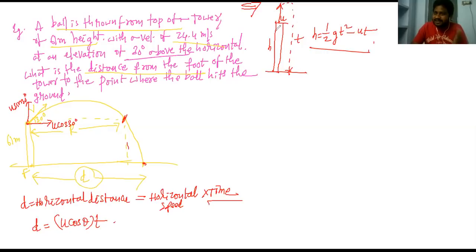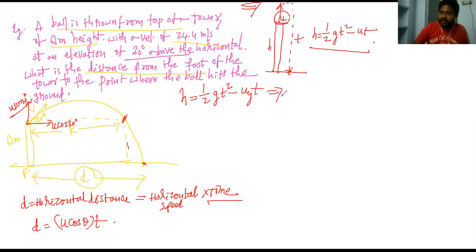Same way, you can find the time taken by the particle to reach the ground. Here, in this place, you will keep u sin theta. So h is equal to half g t square minus u y into t.